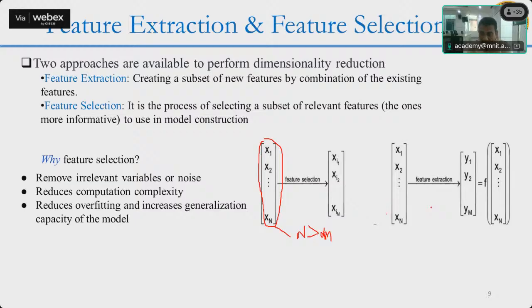What is the difference between feature selection and feature extraction? See here, normally we carry out the feature selection after the feature extraction.